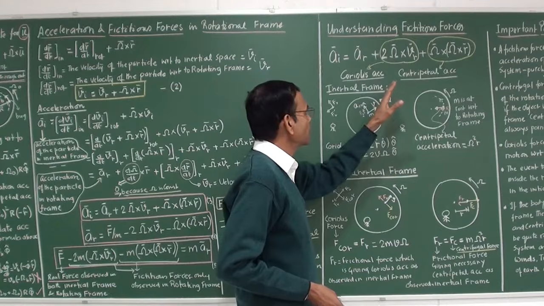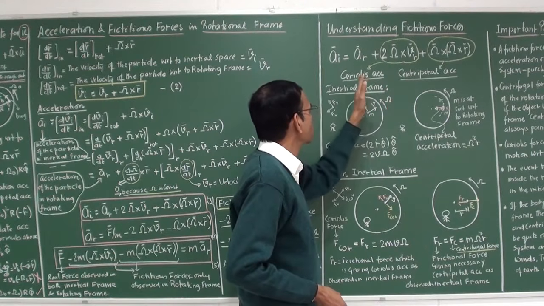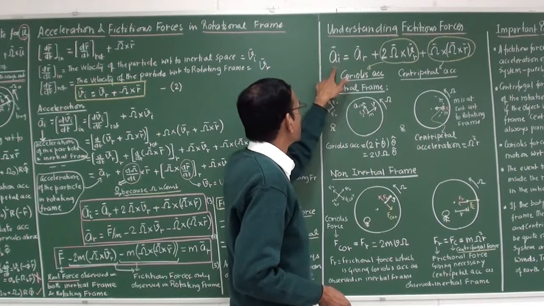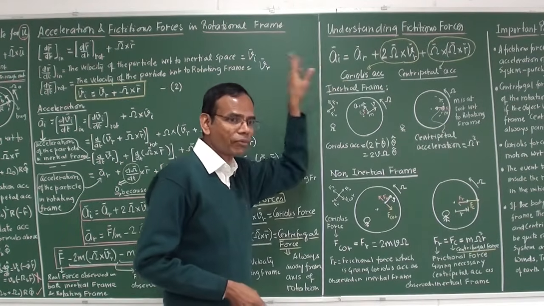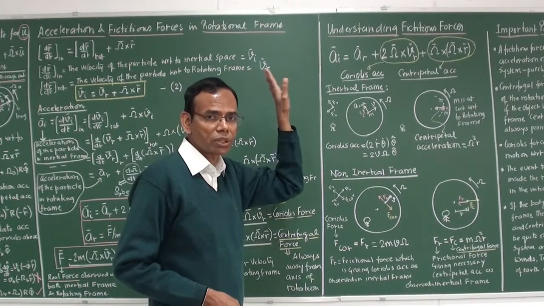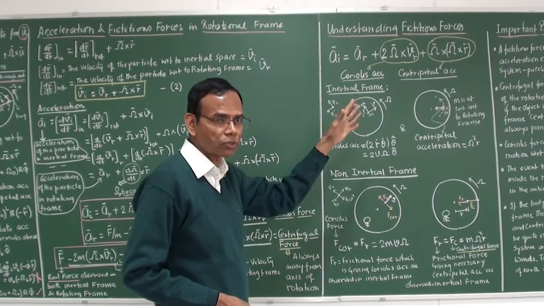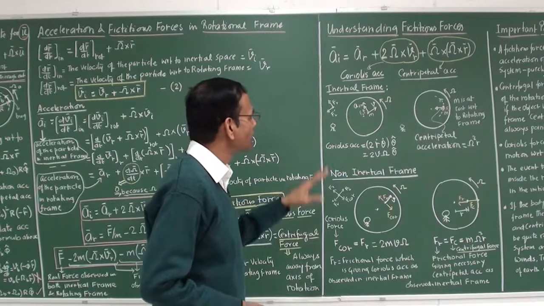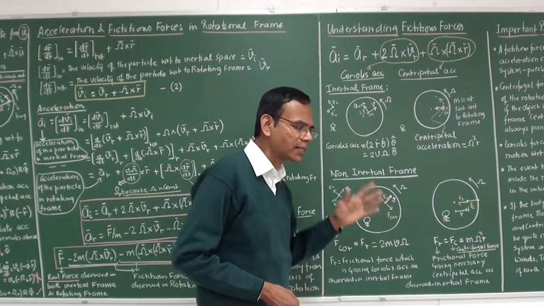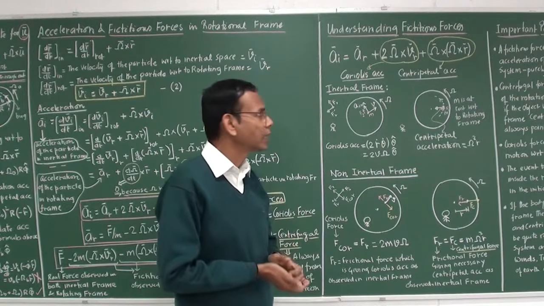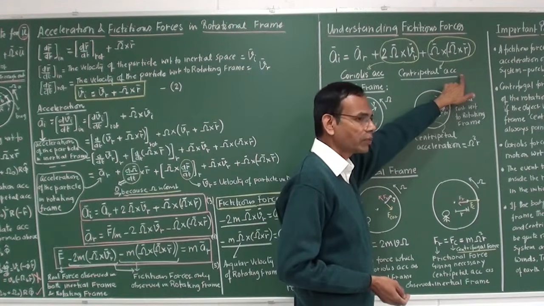What I want to say is that these terms, your Coriolis acceleration and the centripetal acceleration, which we observe from the inertial frame, are real accelerations, and multiplied by mass there is also a force associated with them. These accelerations are arising purely because of the rotation of the frame.